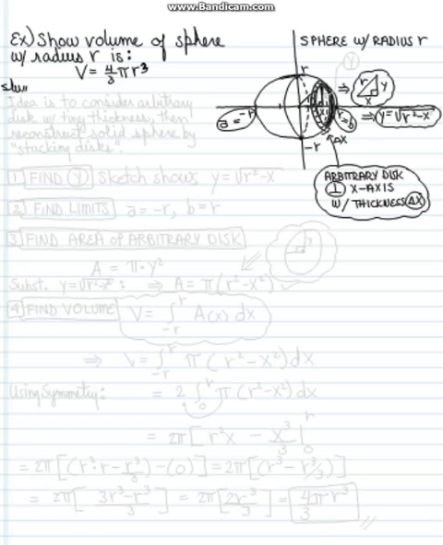Once we see things about the disk, we'll be able to cut infinitely many little disks to form the entire sphere. Now, my picture is not very good. This is supposed to be a sphere of radius r centered at the origin. The x value goes from a equals negative r to b equals positive r.